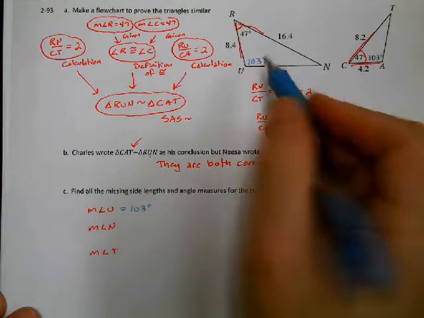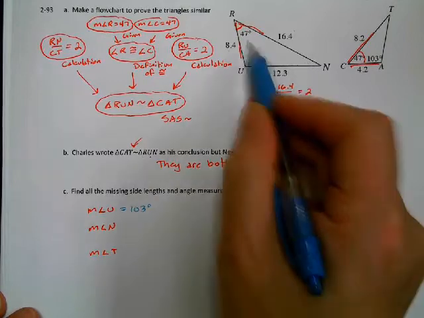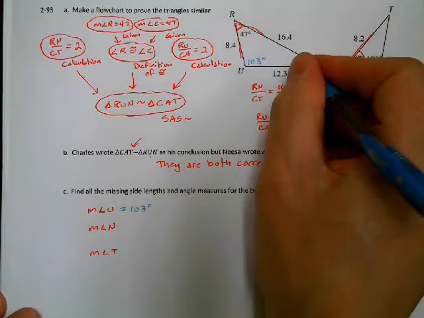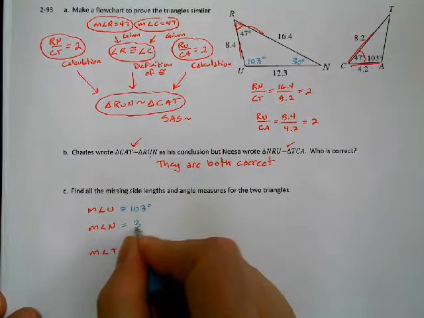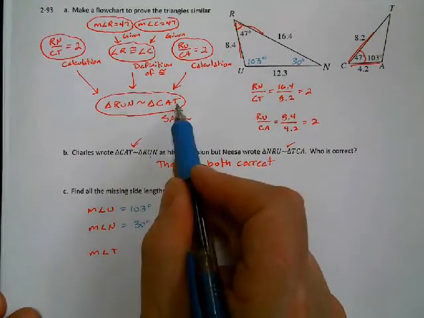These two together add up to 150 degrees, so this one must be 30 degrees. So angle N is 30 degrees, and N corresponds with T, so T should also be 30 degrees. And we could use triangle sum over here to prove that as well.